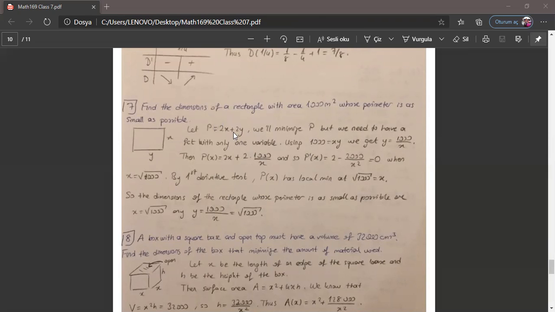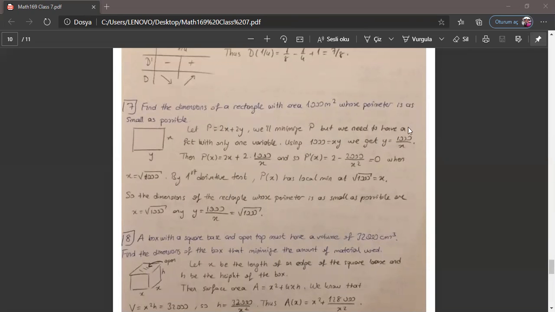Here we have a function with two variables, right? x and y both. So we need to write one of them in terms of the other. We know this area is computed by x times y for a rectangle. So we can use this equality to get a function with only one variable.